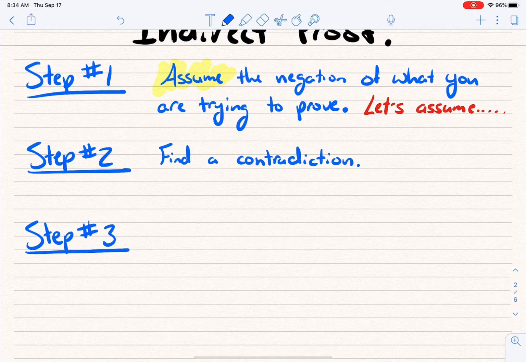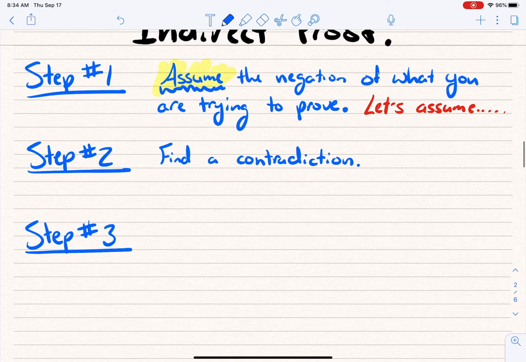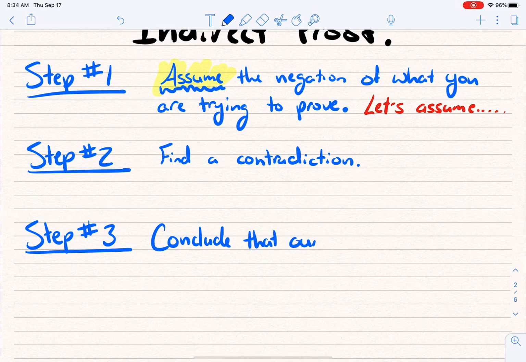Okay, what is step 3? Well, step 3 is that you conclude your assumption to be false, and so therefore what you're trying to prove must be true. That was a lot of words, okay? But we conclude that our assumption is false.